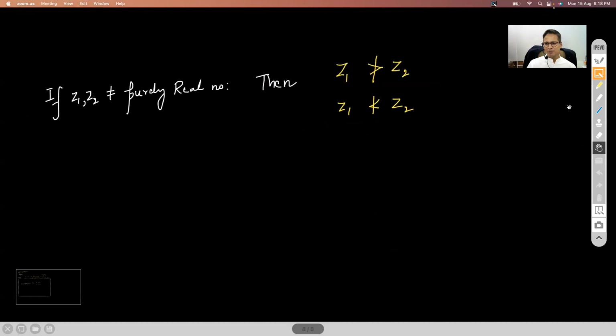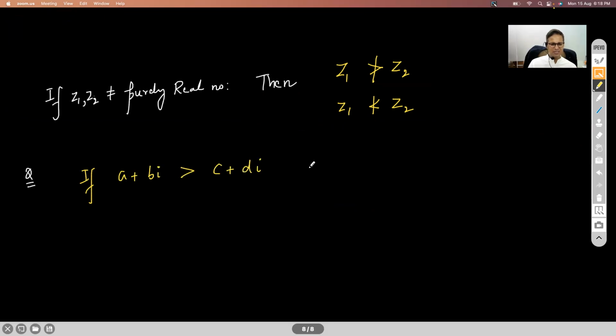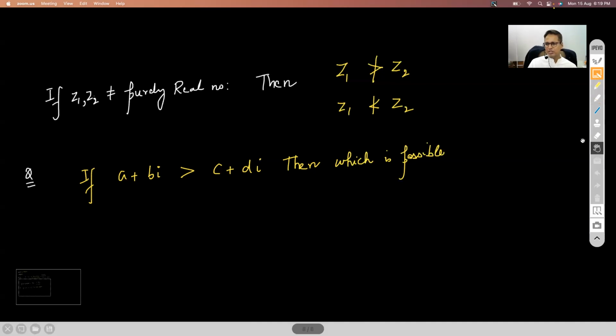Okay. Now, based on this, one small question came in one of the competitive exams. I know this is a very trivial concept, but one question was asked in the competitive exams. It said that if a plus bi is greater than c plus di, then which of the following is possible? Or let's say, then which of the following is true?